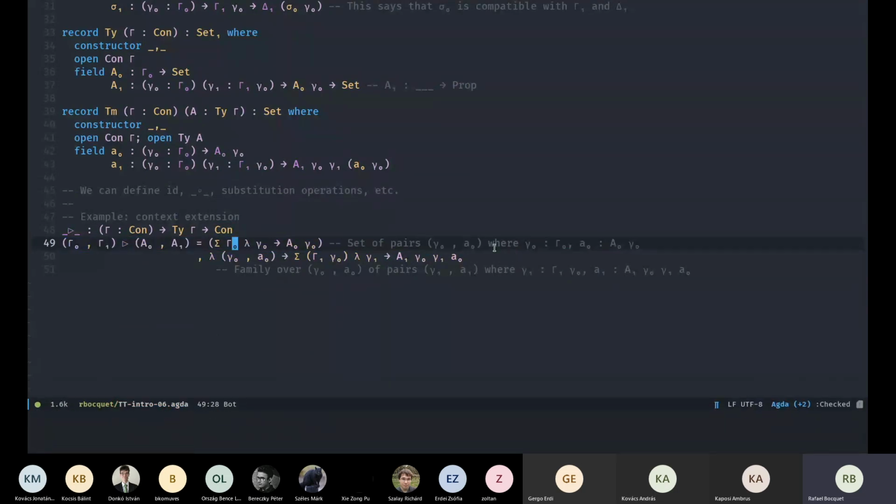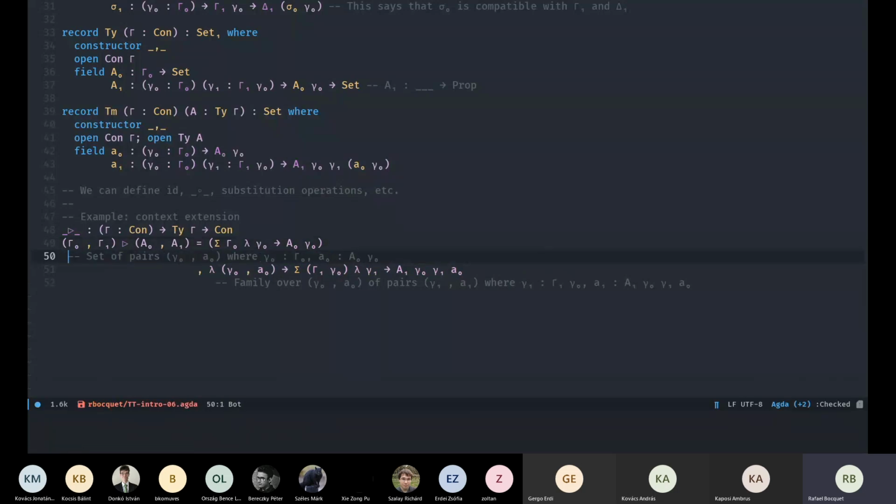Yeah, so I don't know if the Agda syntax helps everyone, because I don't know if everyone is familiar with it. But so we can define the whole substitution calculus, and then you can also define some types.